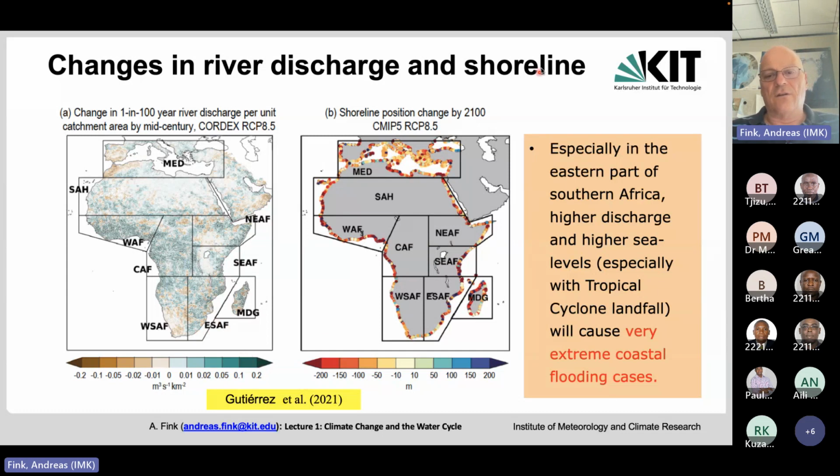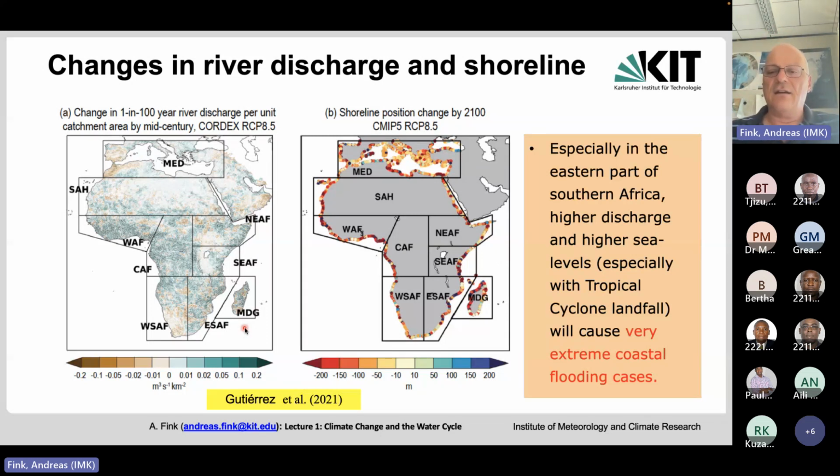Another concern is the shoreline position. Because of the sea level rise, you see here the dots, a retreat in the shoreline. What does it mean for your region, especially in the eastern part? So Mozambique, perhaps the northern part of the Indian Ocean coast of the Republic of South Africa.